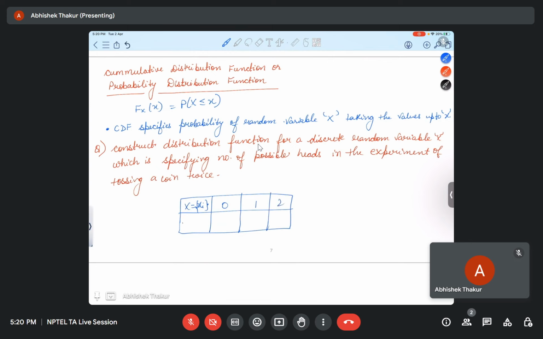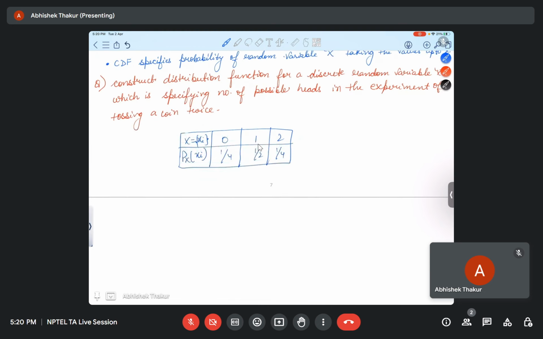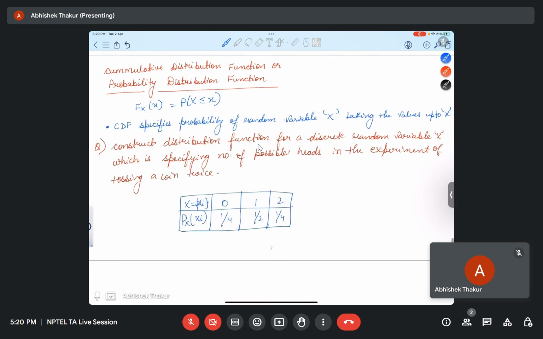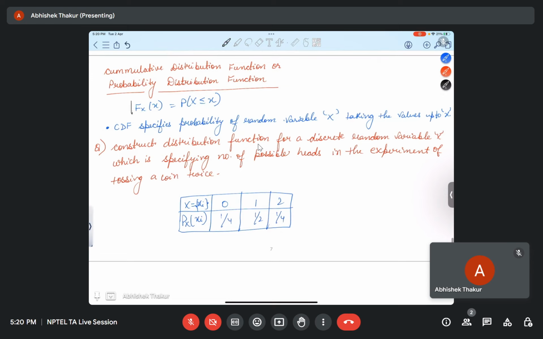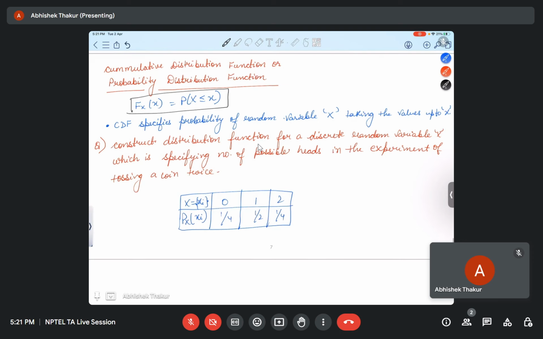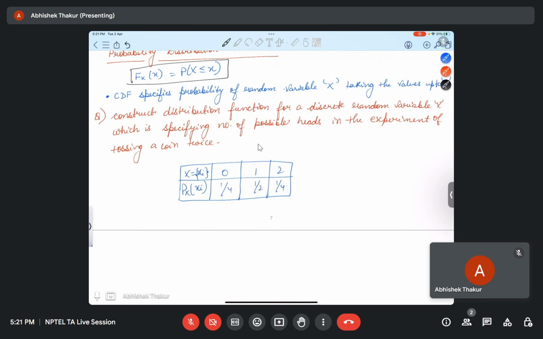And what will be the probability of that? For xi equal to 0 it will be 1 by 4. This will be 1 by 2 and this will be 1 by 4. Okay. So now the probability distribution function is the probability up to that value. So let's suppose F(0), what will it be?